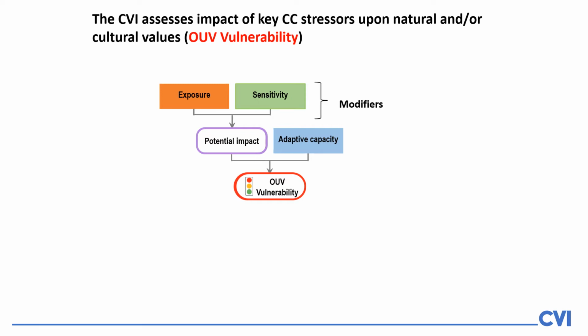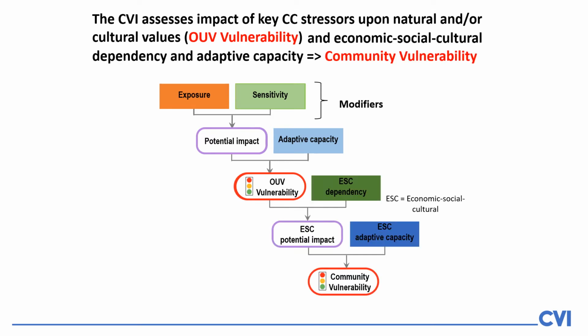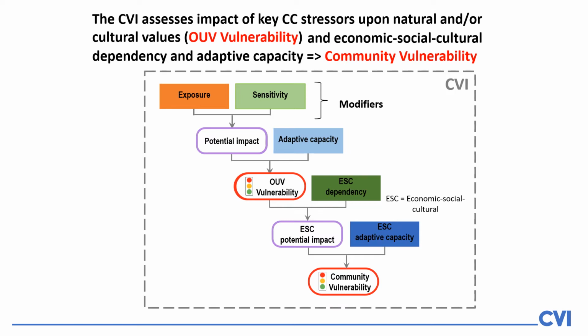Today we'll be talking about these plus modifiers, which are an important part of our framework. We won't, however, go as far as the full community vulnerability. That'll be the basis of next week's unit. And as Scott said, the entire framework, from exposure and sensitivity right through to community vulnerability, is part of the overall CVI framework.